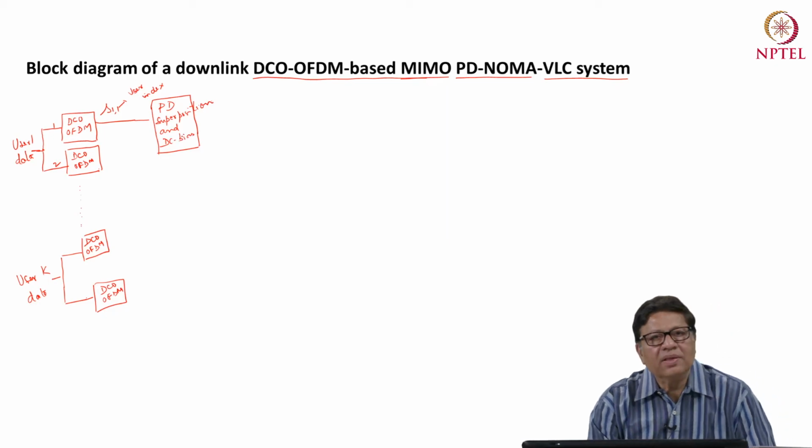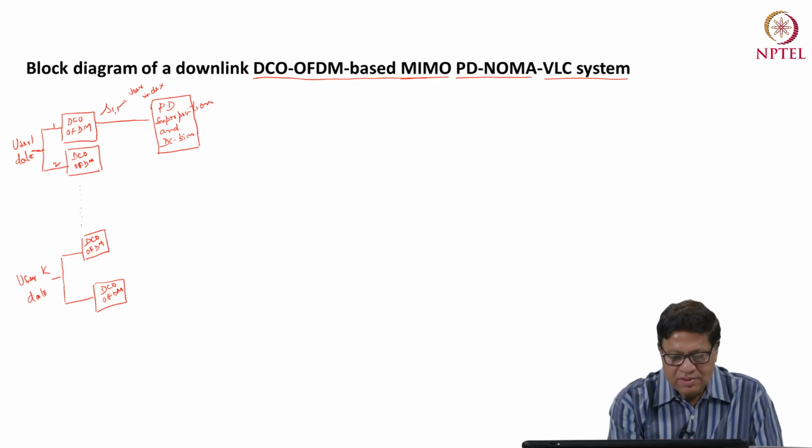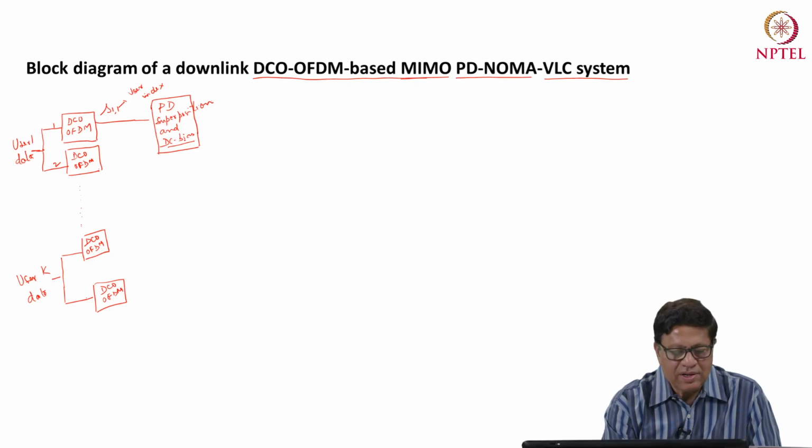In order to make the system unipolar, we need to give the DC shift. The normal OFDM signal is bipolar, so first you make it real from complex by invoking Hermitian symmetry, and then you give DC to make it unipolar. So some DC bias is given to make it unipolar.